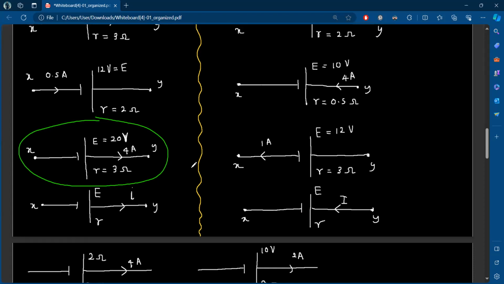Now, can anyone tell me? That answer is wrong, the previous answer, that 20.7 something. Please use the concept we learned.